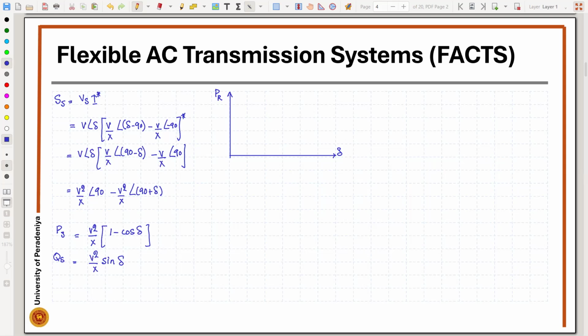2610, Ishan, can you show your PR versus delta curve?